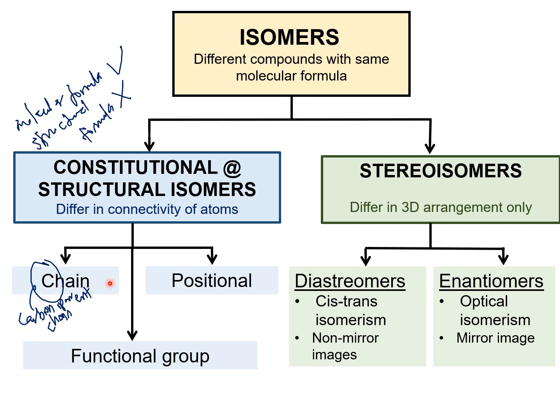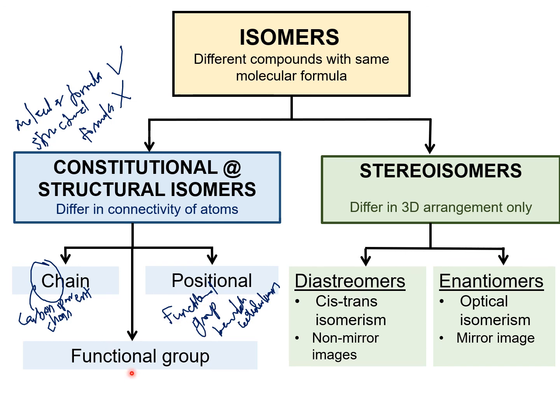Okay, next, kalau positional isomers, that means dia punya structural formula itu akan berubah dalam segi kedudukan functional group dia. Functional group tu akan berubah kedudukan. Itulah maksudnya positional isomers.